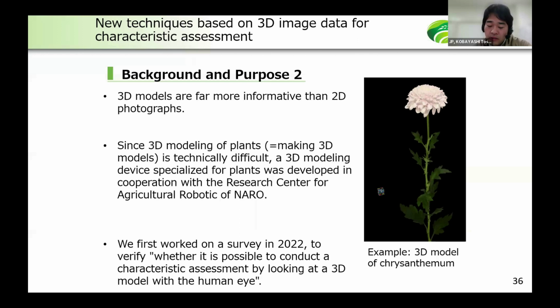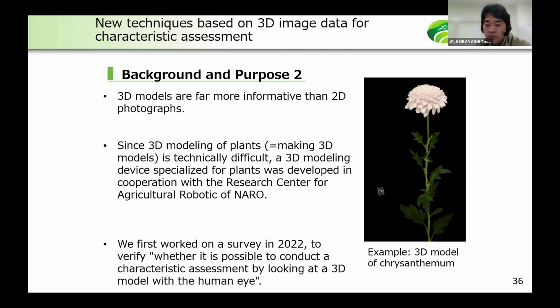However, in general, it is said that 3D modeling, creating a 3D model of plants, is technically difficult. This is due to the plant's thin stem, thin leaves, and complicated structure.